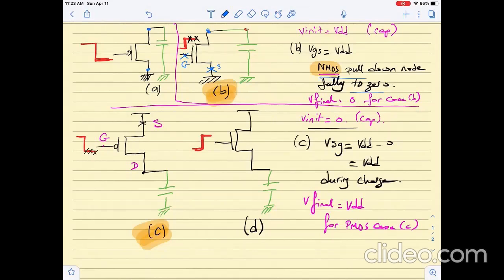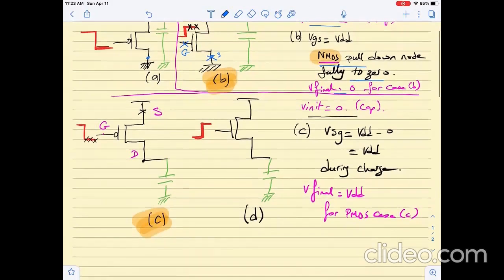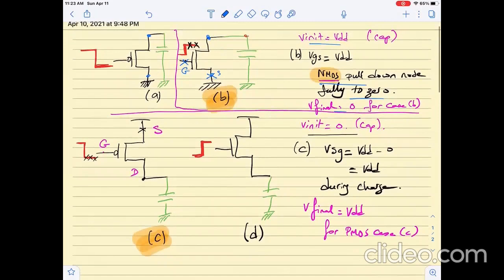So we have V init for the capacitor VDD and V final equal to 0. These are the typical cases that we have handled before.